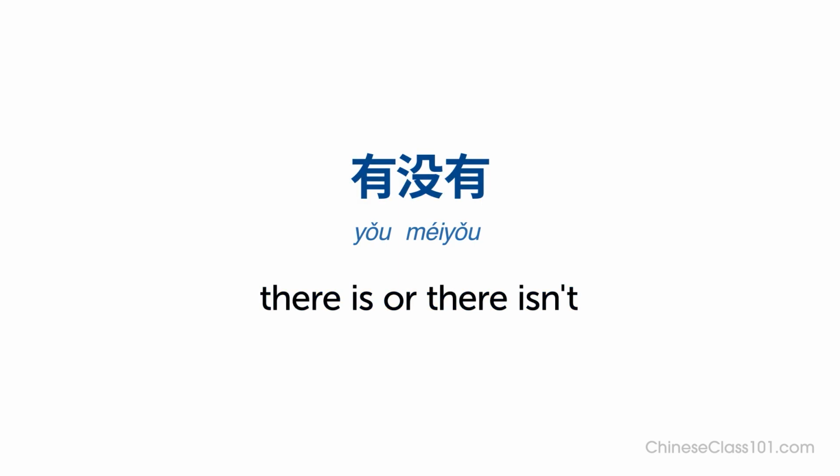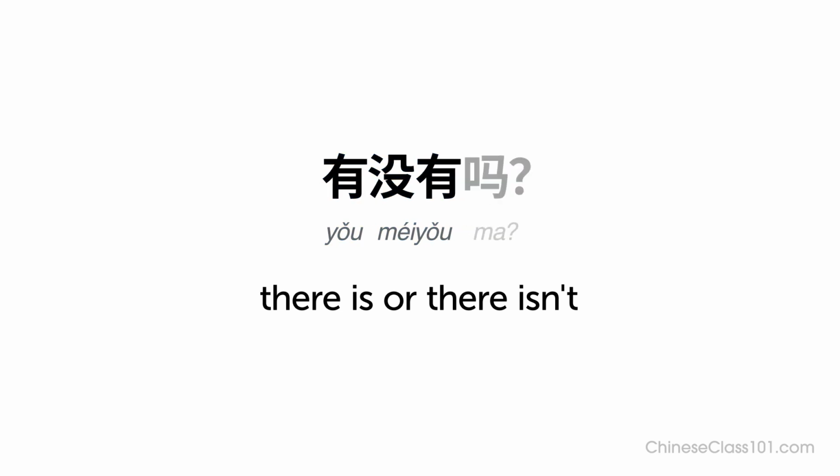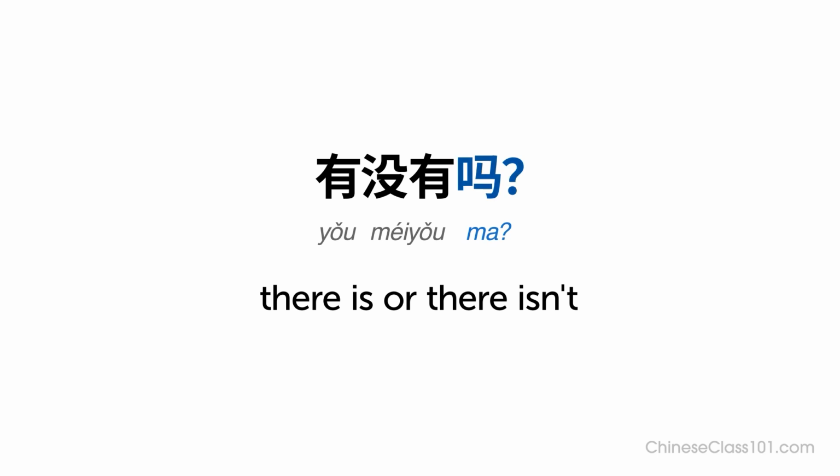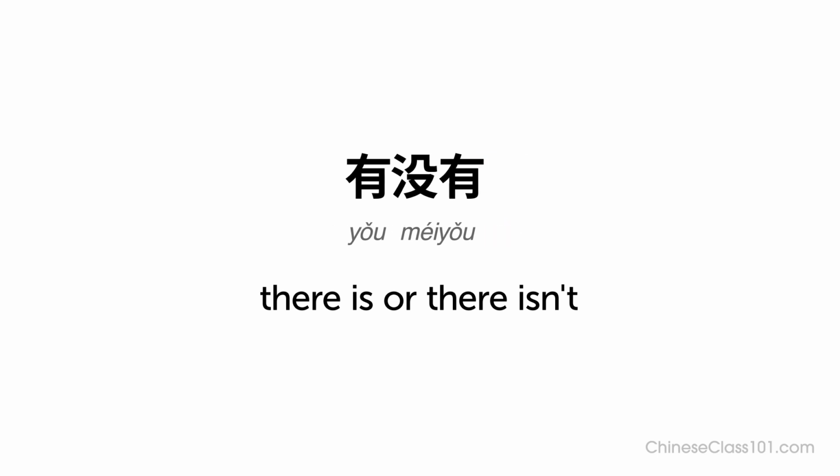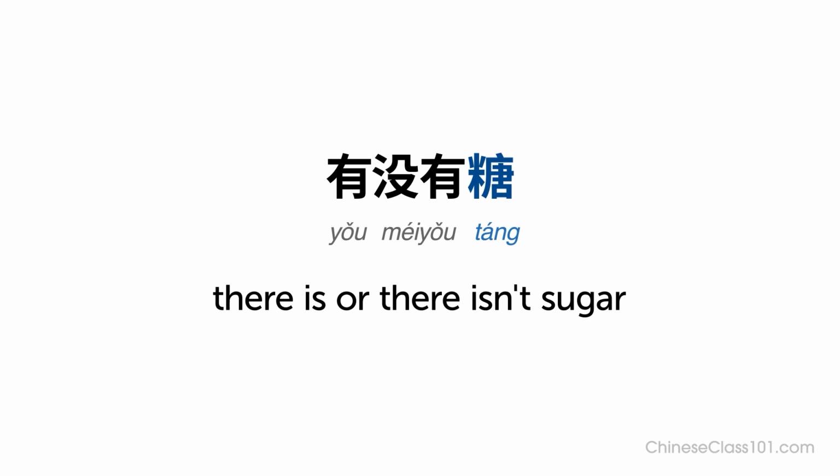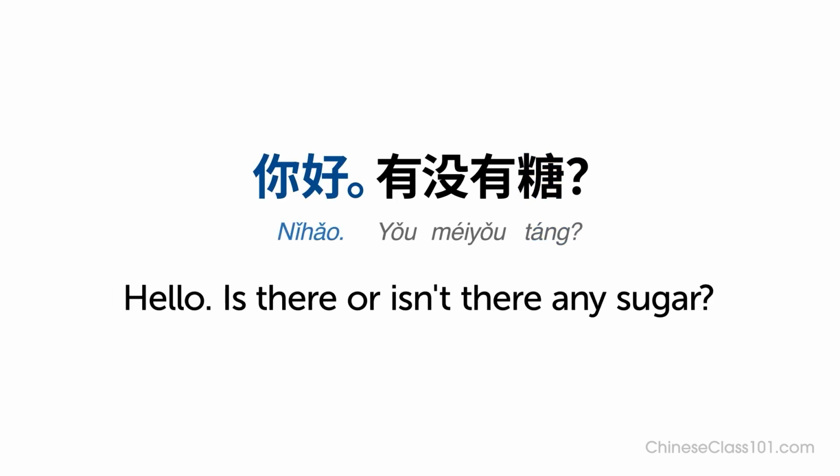Note, for this 有没有 pattern, you don't need the question marker 吗 at the end of the question. After that is 糖, sugar. Altogether, 你好，有没有糖？ literally, hello, is there or isn't there any sugar?